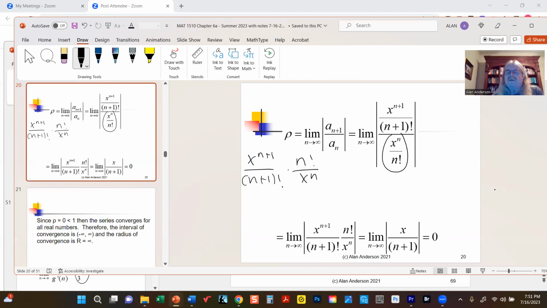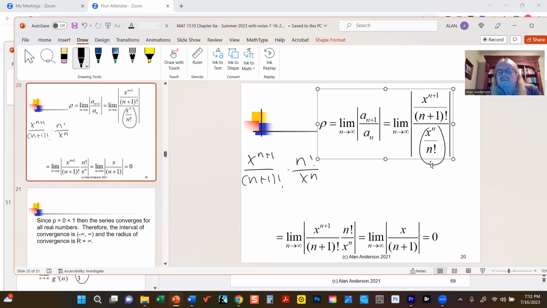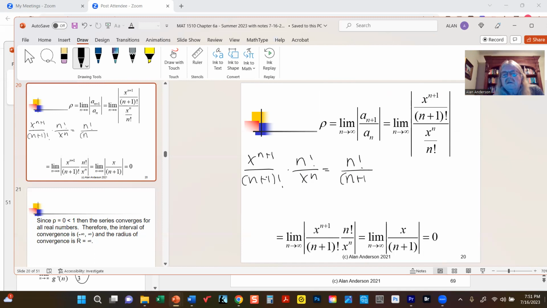And then we can further simplify it by writing them like this. So this one is pretty straightforward. This is just x. What about this one?